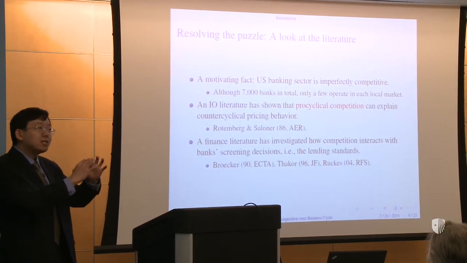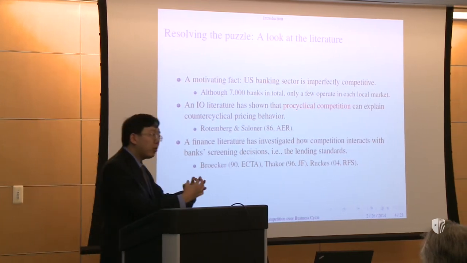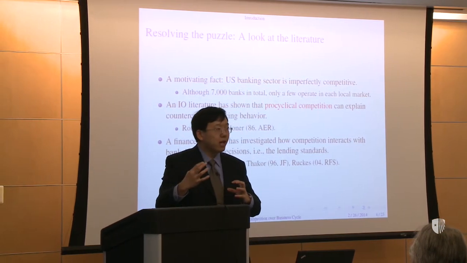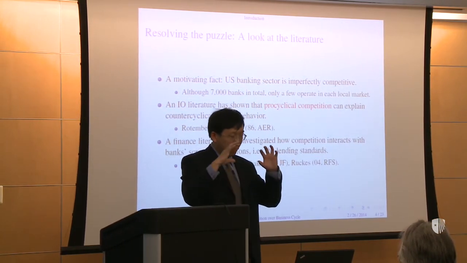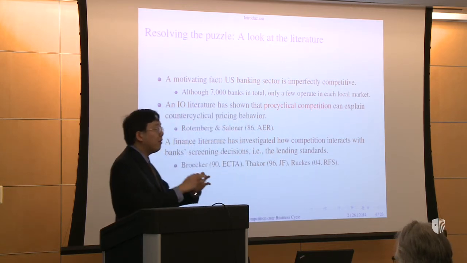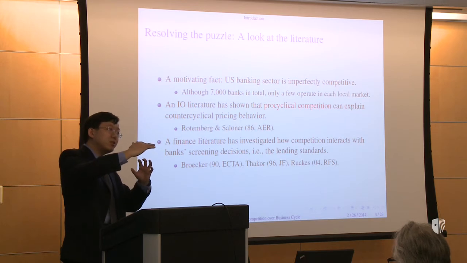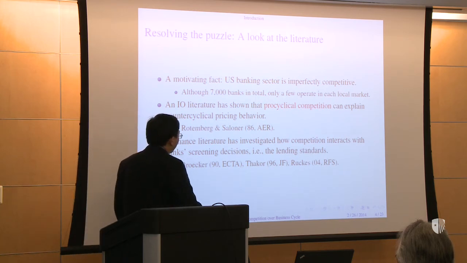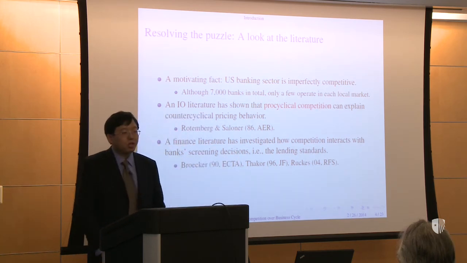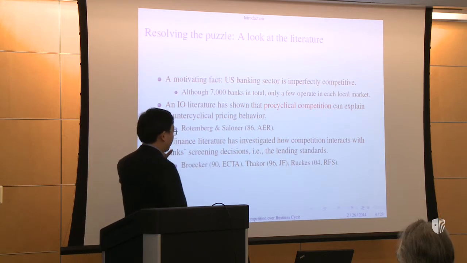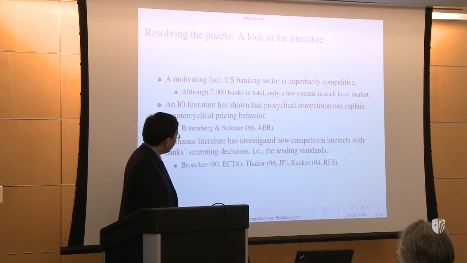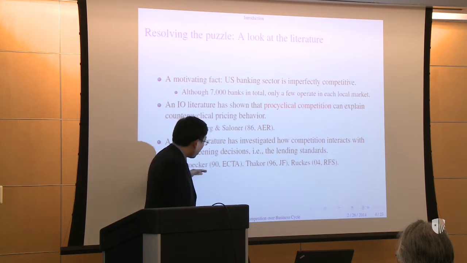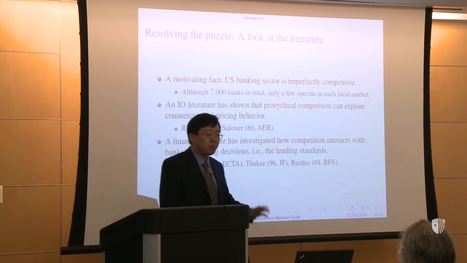Naturally, banks' screening decisions, that is, how banks screen bad borrowers from good borrowers, correspond to banks' lending standards. That is, what standards banks use, such that whenever a borrower cannot meet those standards, credit will not be extended to them. Therefore, to think about lending standards formally, I need to look at this story, and I list here three classical papers in this literature. I actually borrowed heavily from those papers in setting up my model.